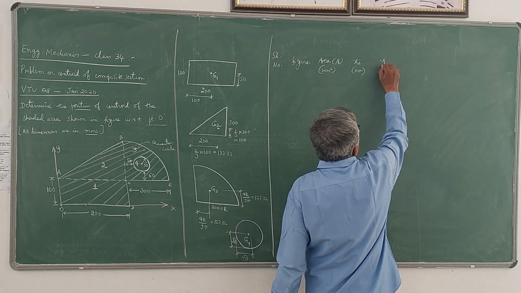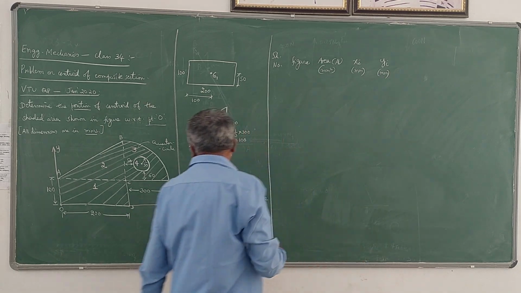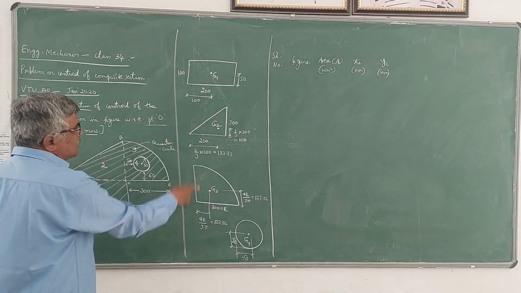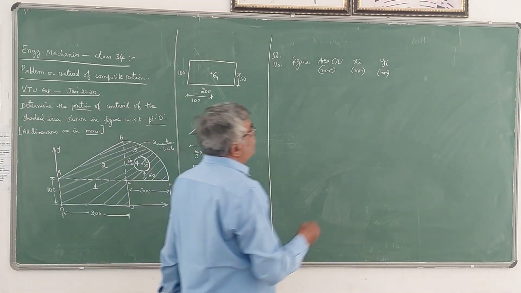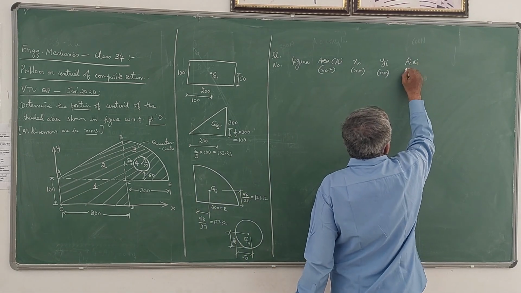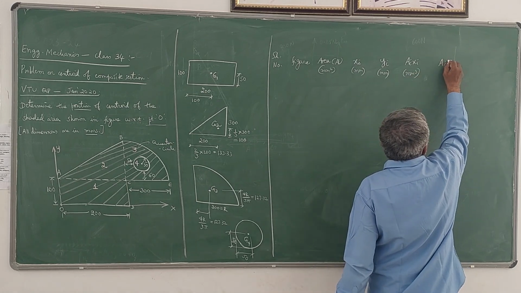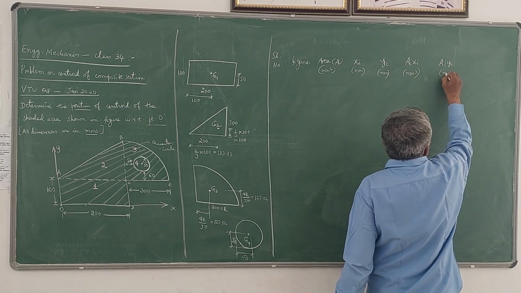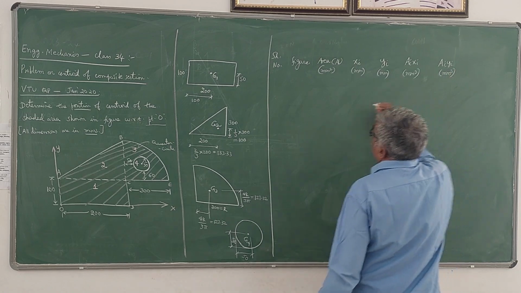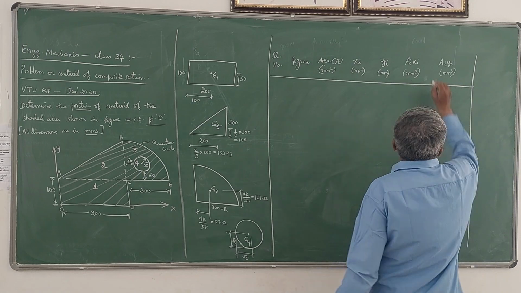Then y distances, yi in millimeters. Y distances are measured from the x axis to this G1, G2, G3, G4. Then I have to take the product Ai xi, in millimeter cube, and Ai yi, that is also in millimeter cube. So this is the tabular column we should have to locate the centroid.